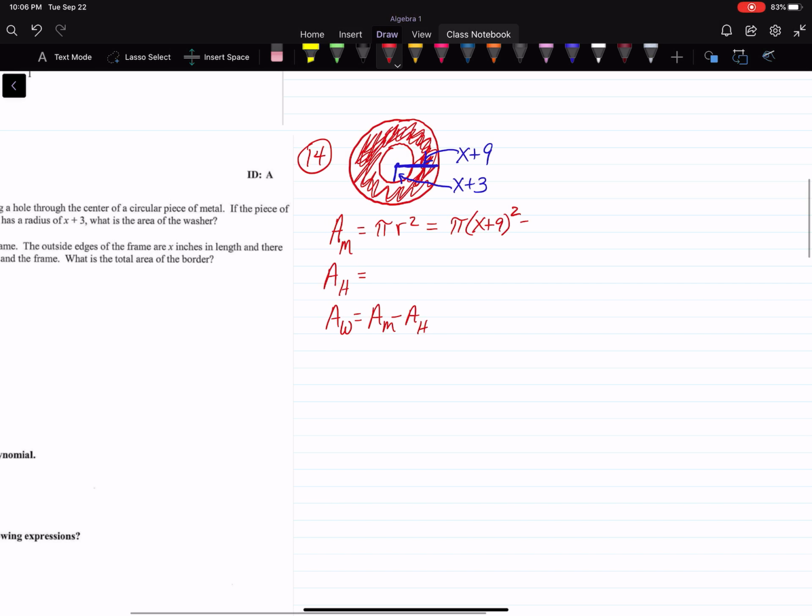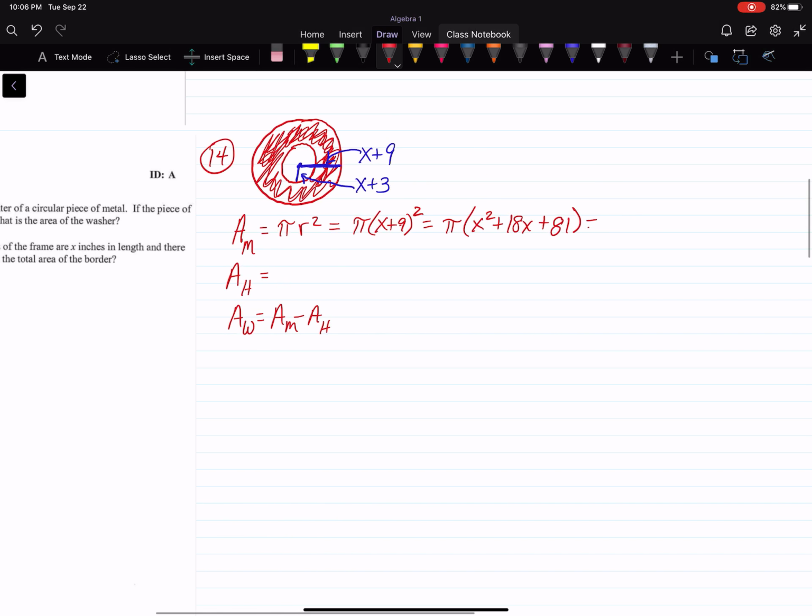So that will equal pi times, and I'm going to do my shortcut, x squared plus 9 times x is 9x times 2 would be 18x, plus 9 times 9 is 81.